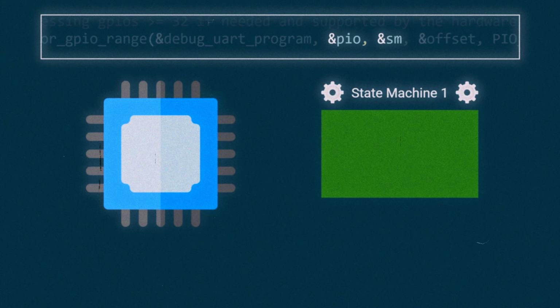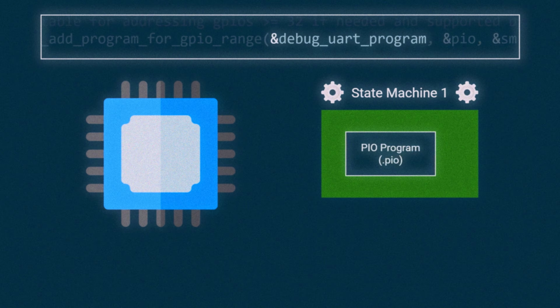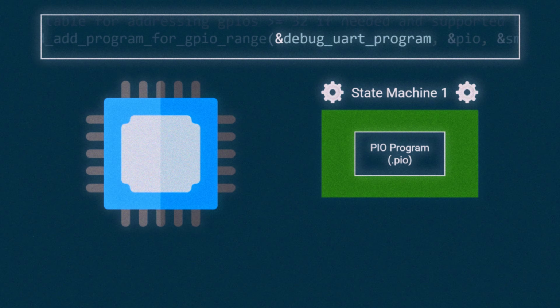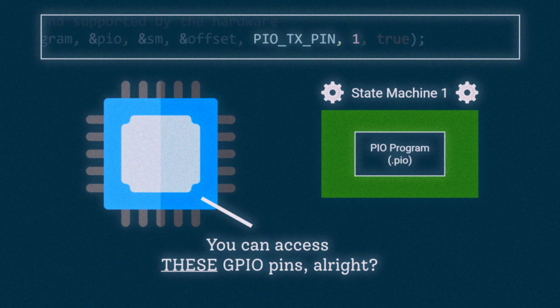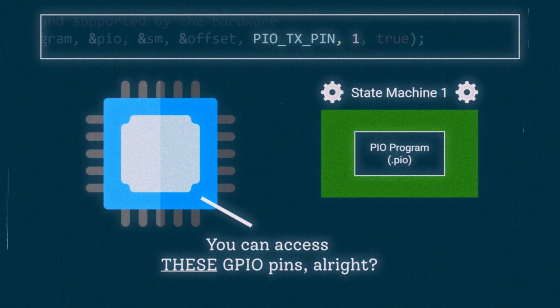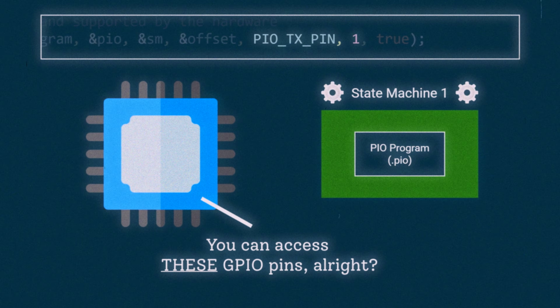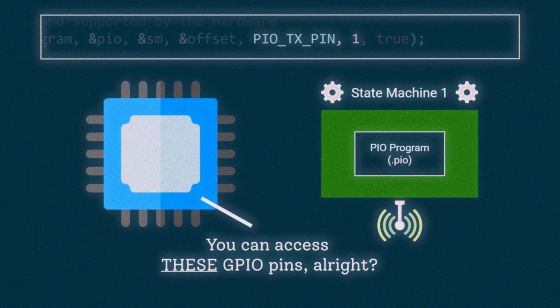They're all the same, so no need to be choosy, and then loads the PIO program onto that state machine. It then defines the range of GPIO pins the state machine will access by providing the lowest GPIO number required and the number of GPIO pins. Since we only need to access one GPIO pin, we set the lowest GPIO number to be our transmission pin, and the number of GPIO pins to be 1.